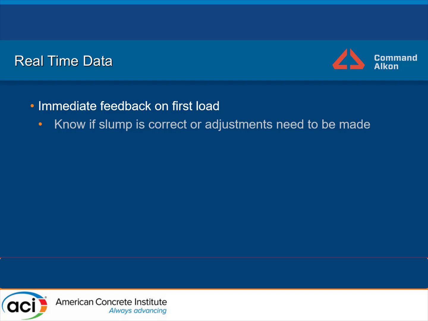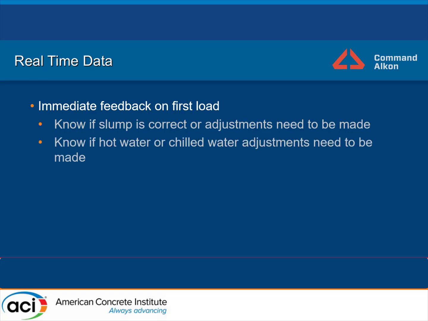Does it look like it's providing the slump that's needed? Do we ask the driver, did you have any water left on from the last load? Or ask those things to get confirmation. Know if we need to adjust the hot water or a chilled water option, seeing what the temperature is running. Or maybe even look at some admixtures.